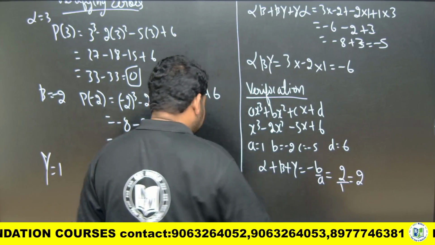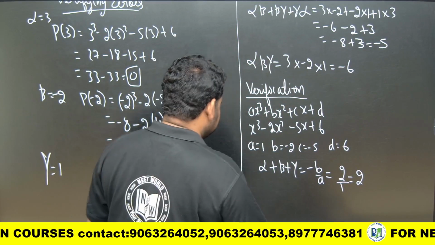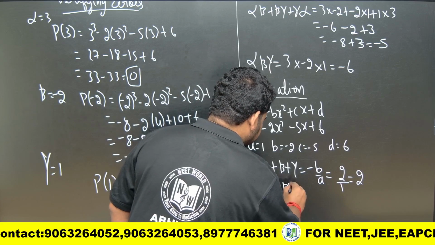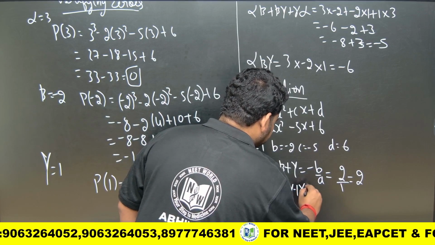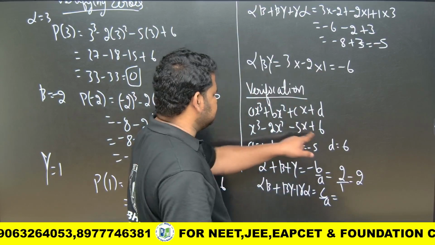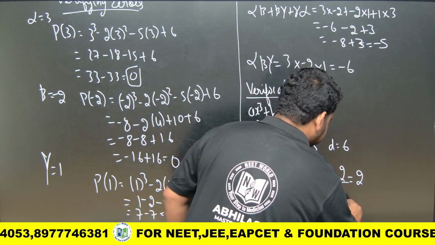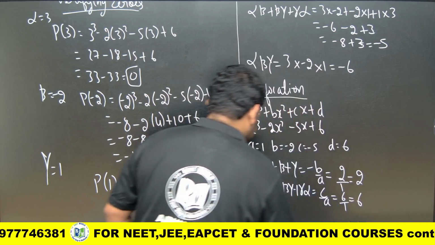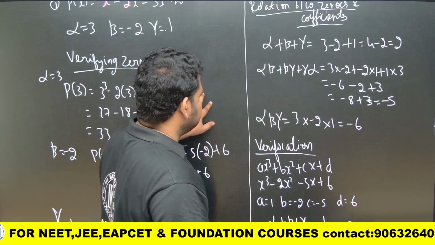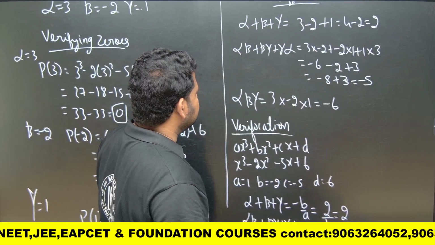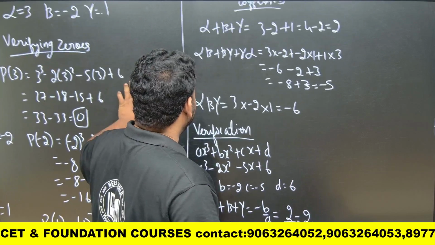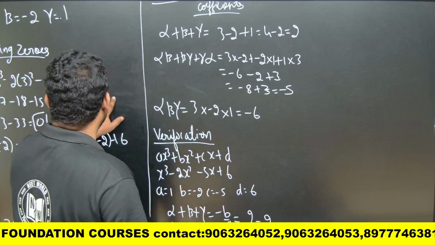Now let us look at product of the zeros taken 2 at a time: alpha beta plus beta gamma plus gamma alpha is equal to c by a. C by a, c is 6, so 6 by 1 is 6 itself. Let us check it here. There is some mistake here.